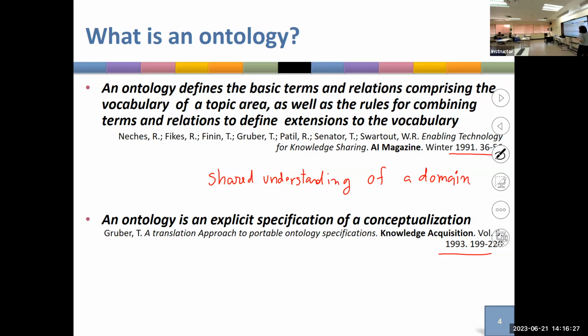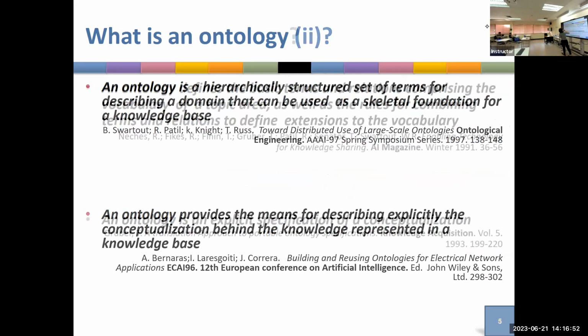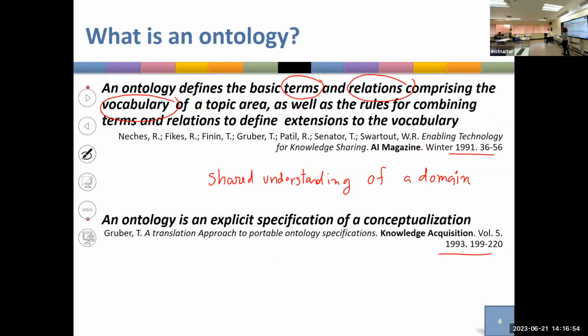This one is easy to understand. It defines basic terms that people will use to refer to things in a particular domain, and basic relations, basically what we use in our class. It is vocabulary.